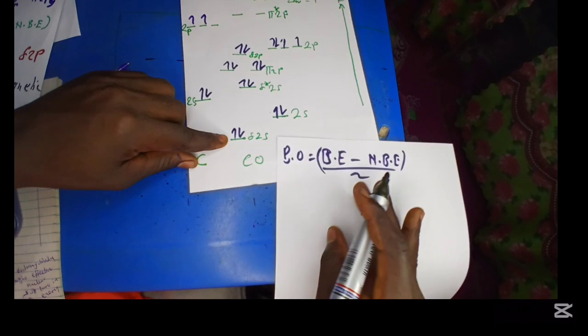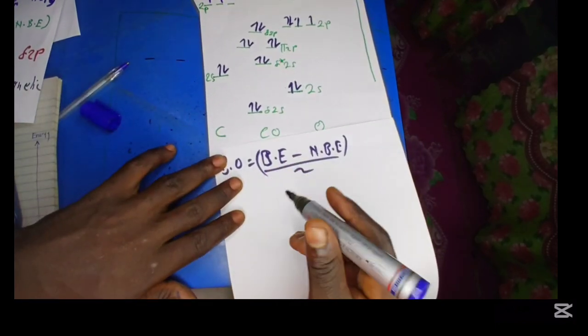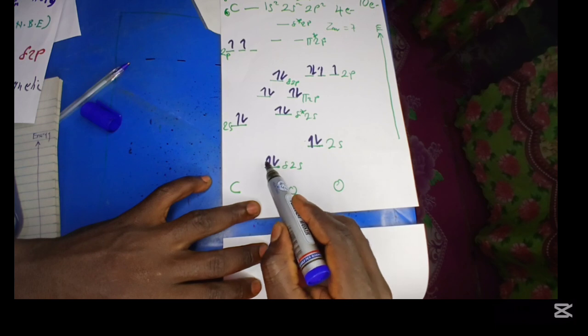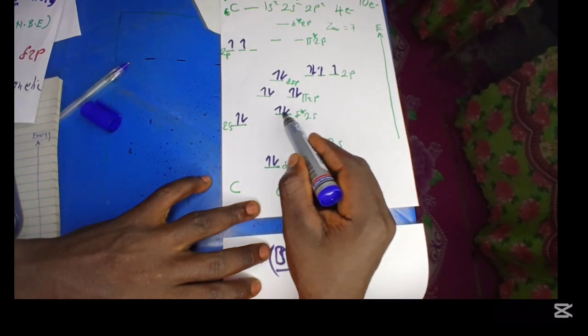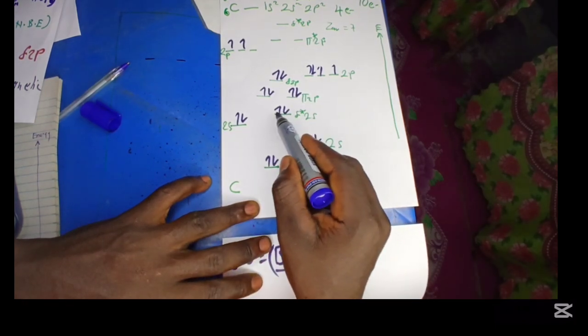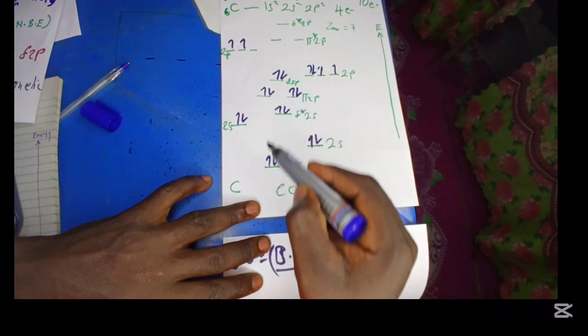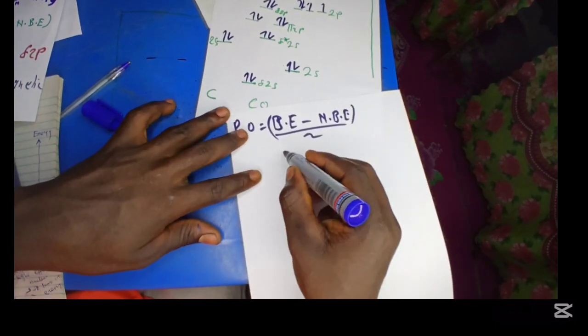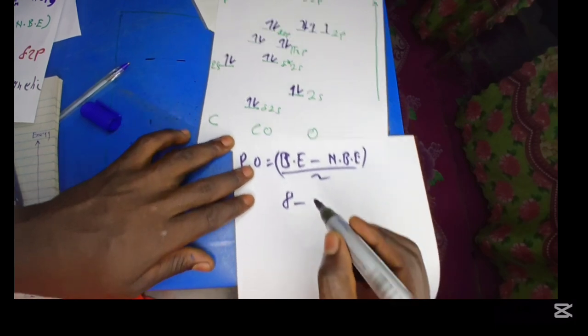Let's start counting. We have 2s here, 1, 2. This one is anti-bonding, this one is anti-bonding. So 1, 2, 3, 4, 5, 6, 7, 8. So we have 8 bonding electrons.